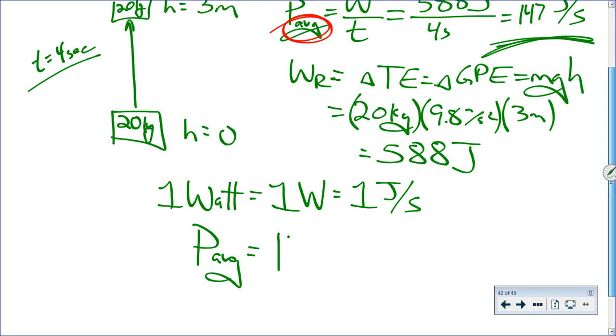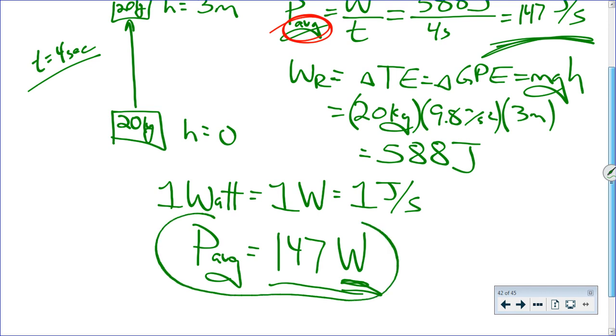We can just write that as 147 watts. All right, please be careful. Work is measured in joules. Power is measured in watts. So there's 2 different W's there, different meanings. We know this is watts because it is after the number and thus is a unit. Okay? So there we go. That's the average power Roy did, 147 watts, 147 joules per second.